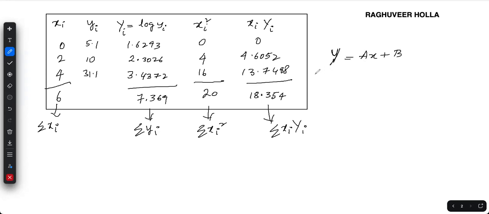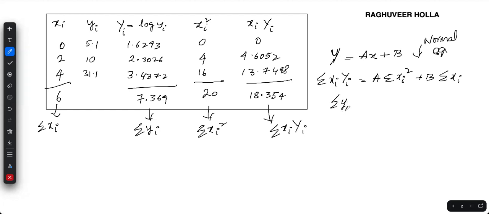These are the normal equations: summation of xi capital Yi is equal to a summation xi square plus b summation xi, and summation of capital Yi alone is a summation xi plus n times b.